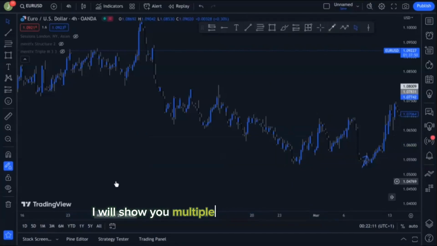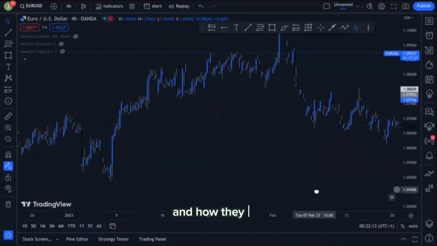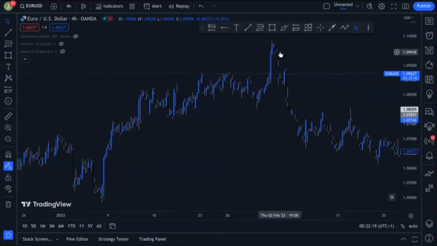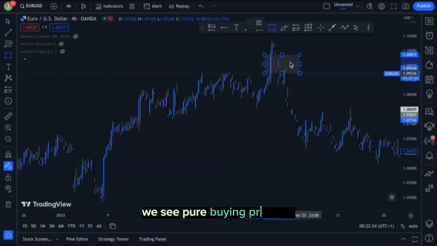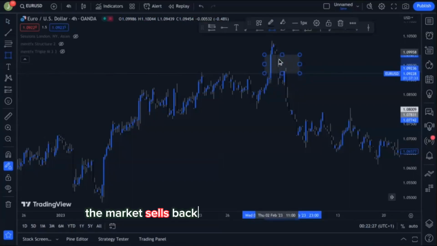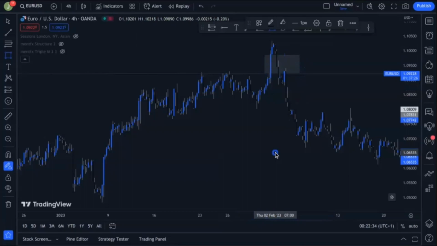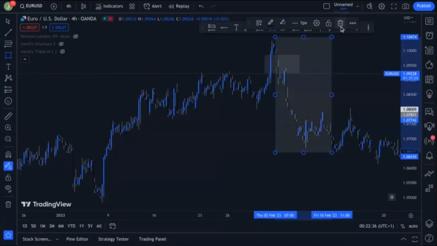I will show you multiple examples of imbalances and how they are delivered and filled. So we see an imbalance here. Here we see pure buying pressure. The market sells back down to fill those imbalance. We also see an imbalance.